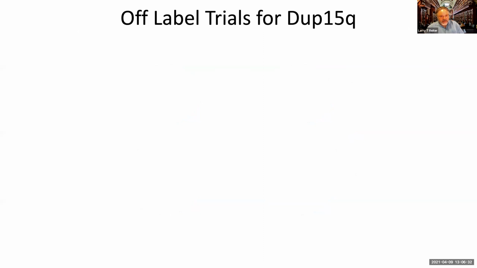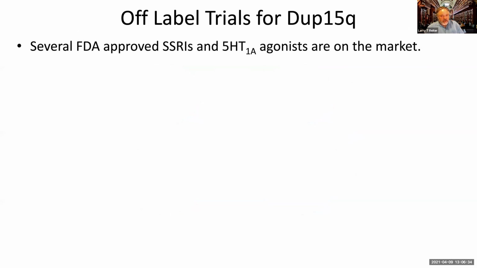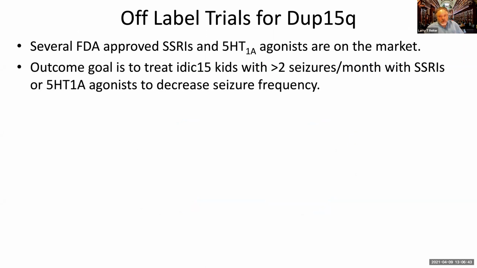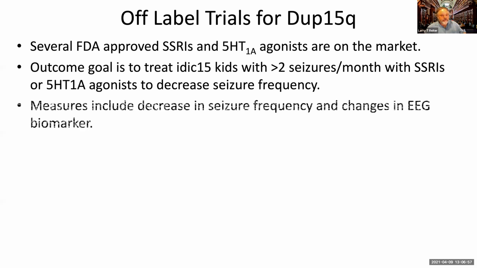So what I've been thinking of, and what I'm actually starting to do with some clinicians across the state of Tennessee, is we're going to try and use some of the FDA-approved SSRIs and 5-HT1A agonists that are currently available, and we're going to look for a decrease in seizure activity in kids with isodicentric 15q, specifically in the kids right now who have pharmacoresistant epilepsy, who've been on a lot of drugs, but are still having seizures.